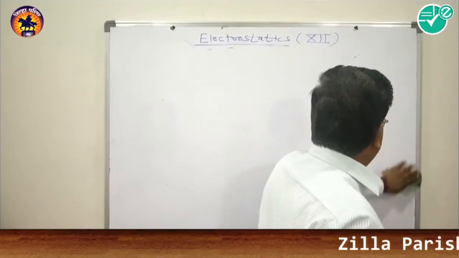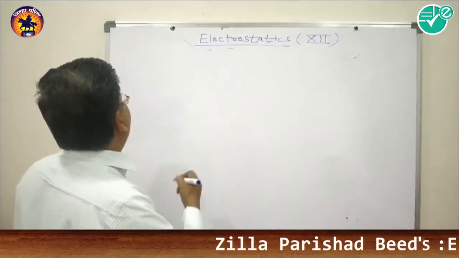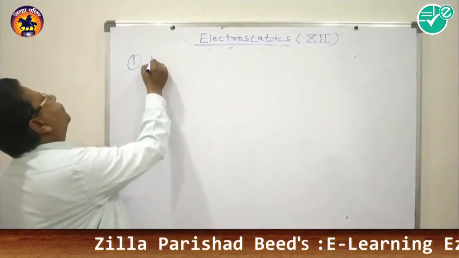So the first type of capacitor is the parallel plate capacitor.